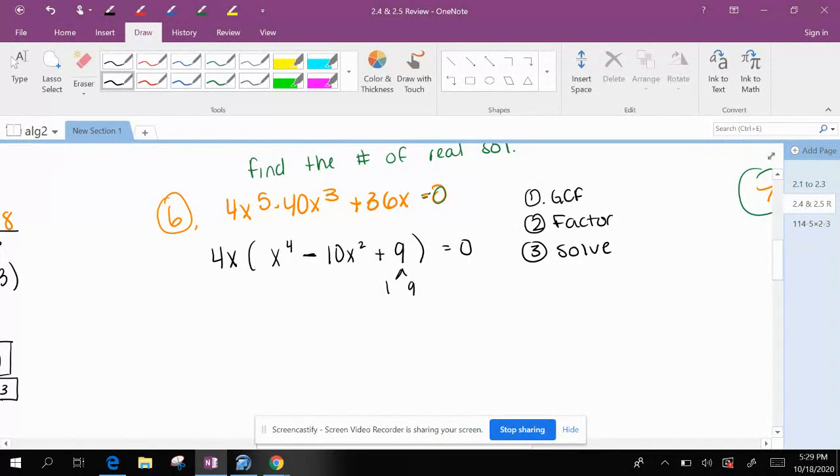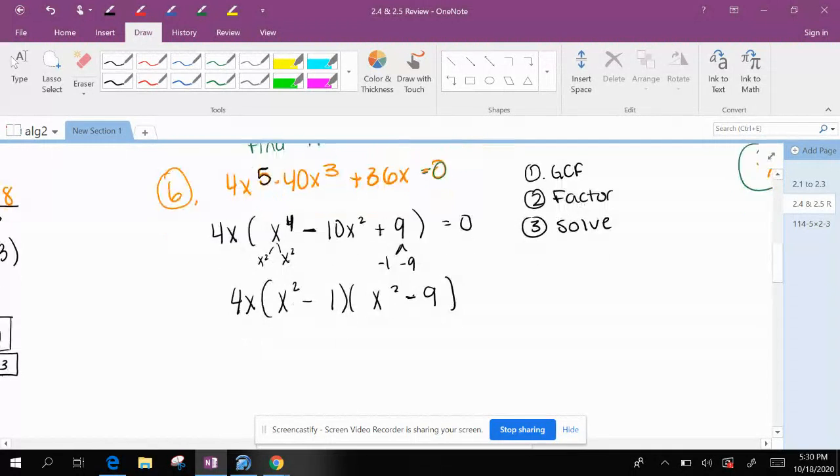It's a negative 10, so both of these have to be negative. So I have x, and I have to break up this x to the 4th into x squared and x squared. So I have x squared minus 1, x squared minus 9, 4x in the front. Now remember, my highest degree is a 5, so I should have 5 solutions.